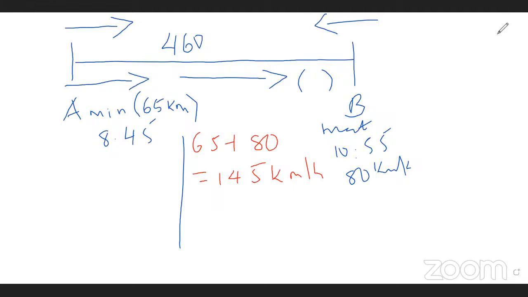So before the matatu starts moving, the minibus will have covered some distance. It would have reduced the 460 on its own before the matatu started reducing that distance. So before the matatu started moving, what distance had the minibus covered? Maybe someone? 140.83.